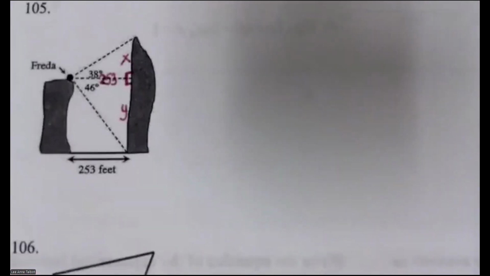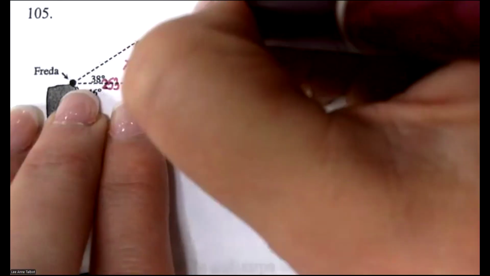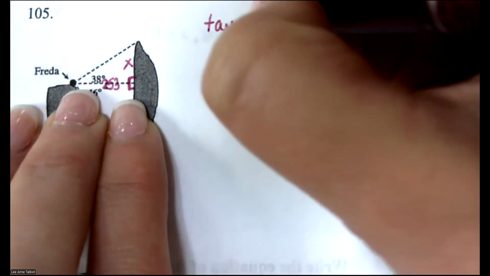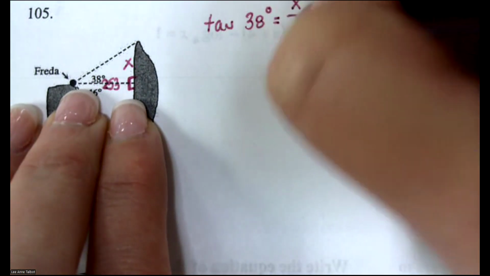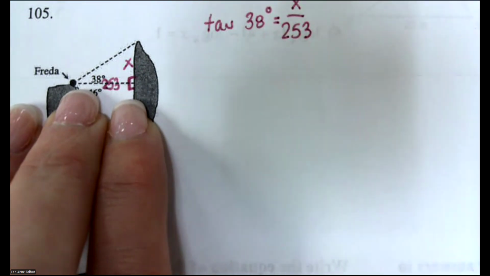Okay, now we have a right triangle situation, which means that we can use SOHCAHTOA. Looking at x, which trig function can I use to find x? Sine, cosine, or tangent? Tangent, yes. Tan 38 degrees equals opposite over adjacent.